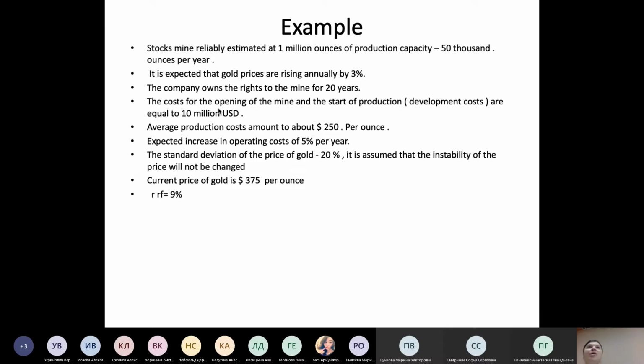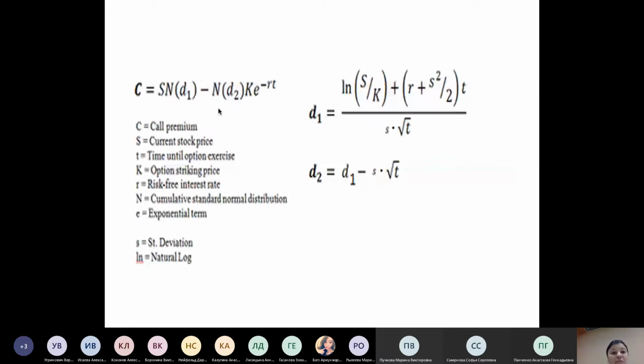In other words, for us it means, first of all, our company in this case has the opportunity to start the project or to change the point of starting this project.